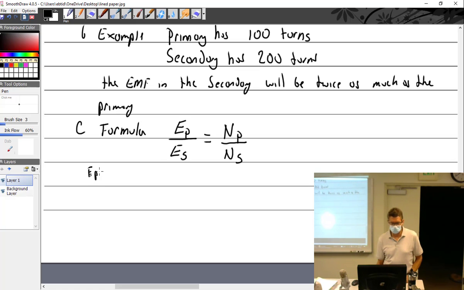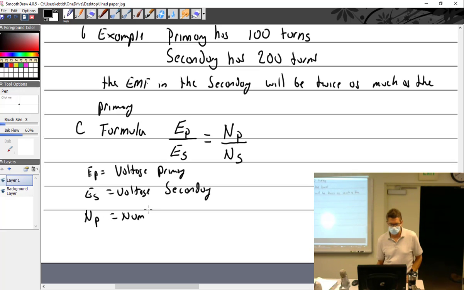So EP equals voltage in the primary. ES is voltage in the secondary. NP is number of turns in the primary, and NS is number of turns in the secondary.